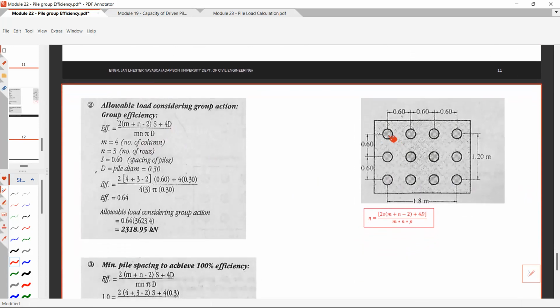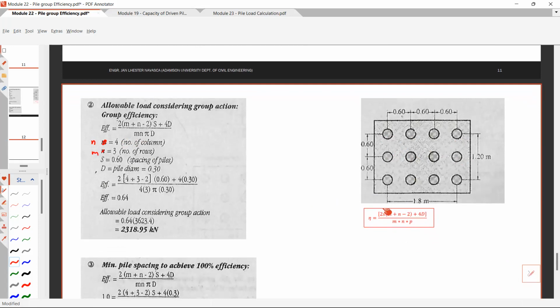So, you have 1, 2. So, this is reversed. It should be number of, so this will be your N and this will be your M. It doesn't matter if M and N are interchanged, based on the formula.